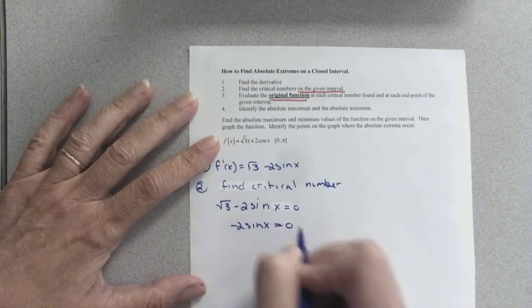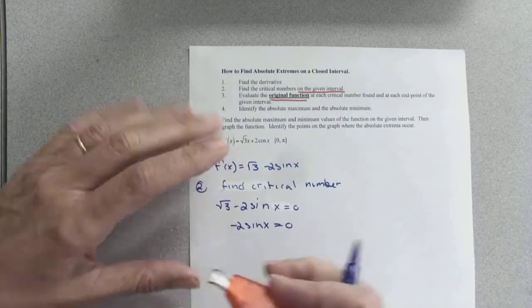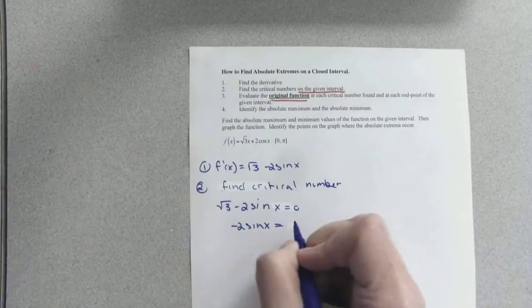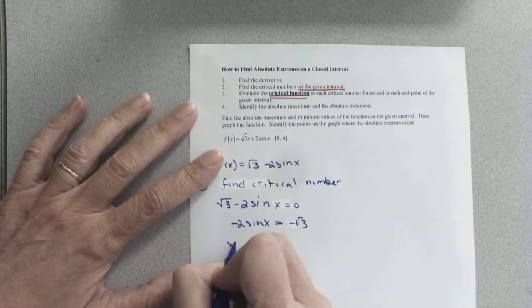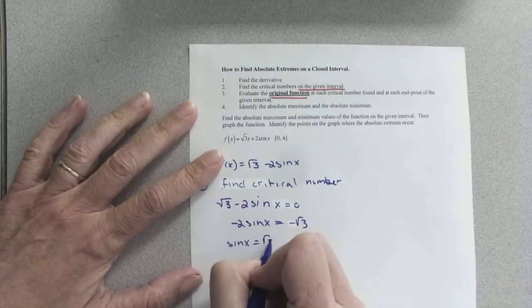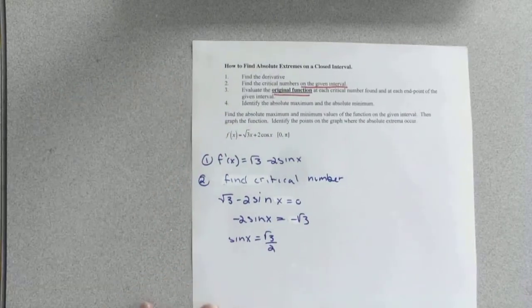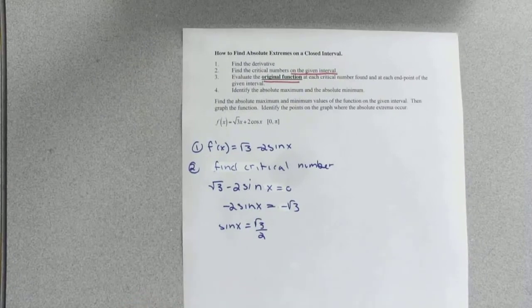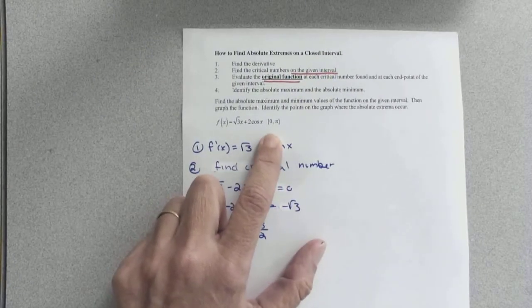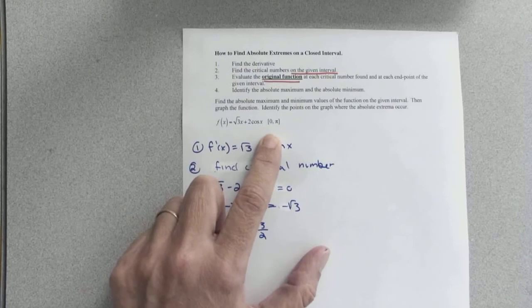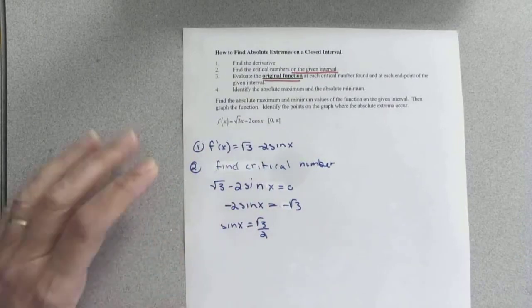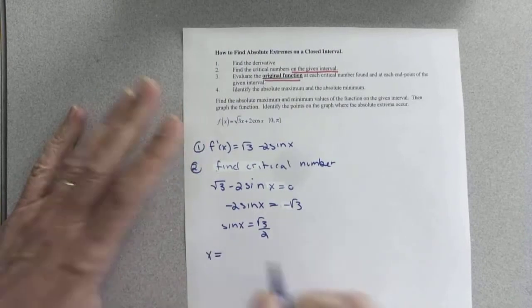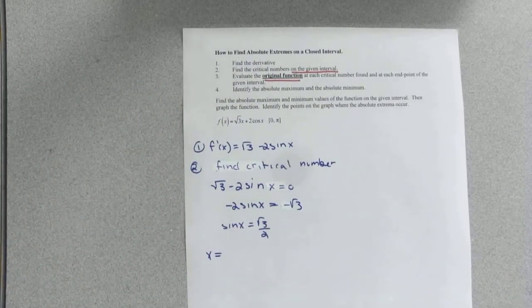Solve for that trig value. And so I've got sine x equals square root of 3 over 2. Then we ask ourselves, on the interval from 0 to pi, and that's important here, only on the interval from 0 to pi, where does sine equal square root of 3 over 2?